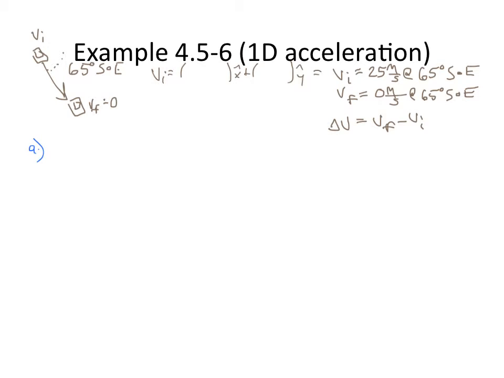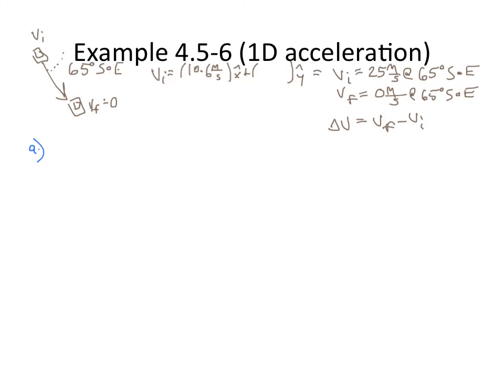So what is that? Well, 25 cosine of 65 gives us 10.6 meters per second. Now this is south of east, so it's going this direction right here. So the x should be positive, but the y is going to be negative. We need to keep track of that.